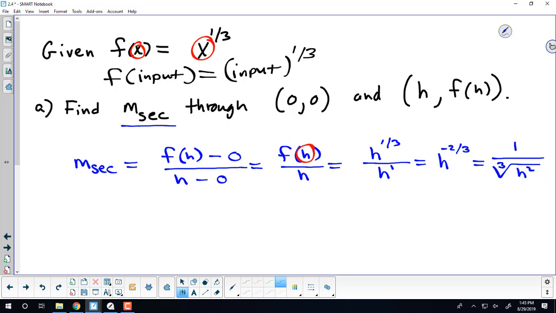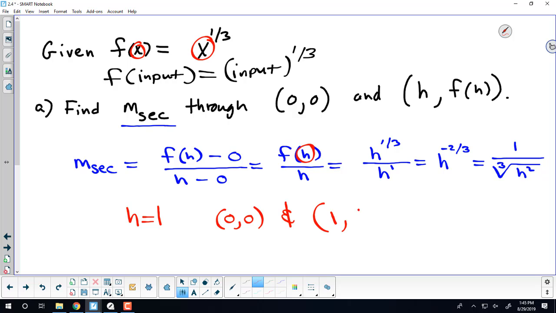Maybe it's more meaningful if I said, okay, what if h is 1? You can put this in your notes if you want. But if h is 1, then I have the point 0, 0, and what else? 1, comma, f of 1. So what's f of 1?